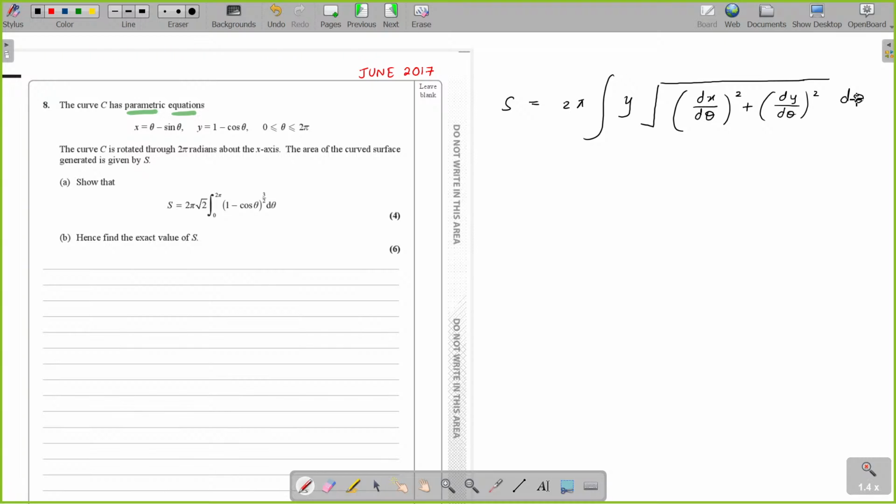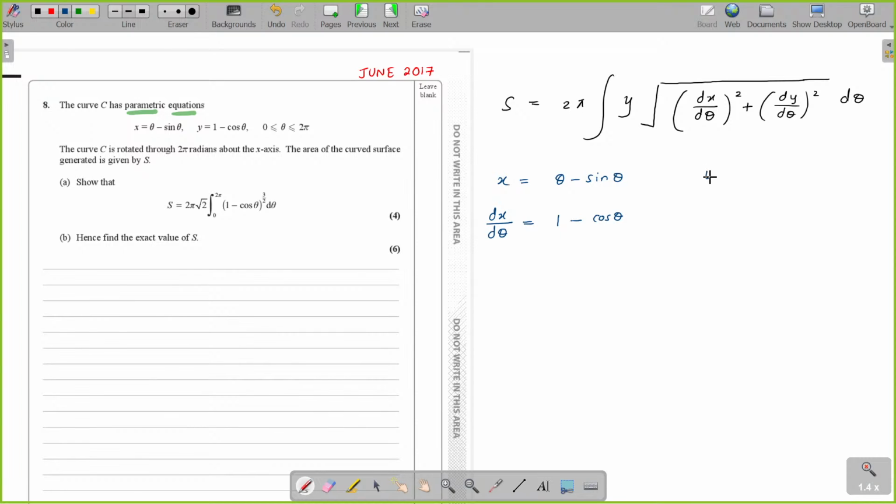So obviously I have to get the dx by d theta value and the dy by d theta value. So first I should find those. I have x equals theta minus sine theta. How do I get dx by d theta? I have to differentiate. Theta differentiation is 1, minus sine differentiation is cos. So dx by d theta is 1 minus cos theta. Then let's go for dy by d theta.